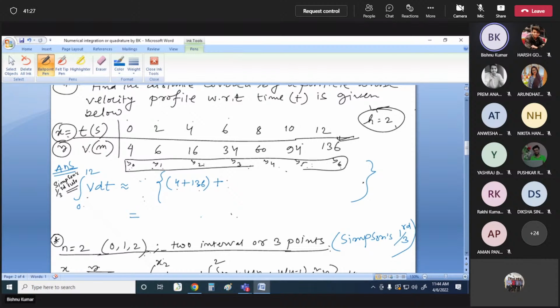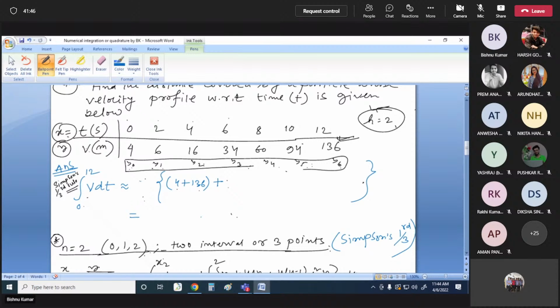Intermediate even ordinates means y2, that is 16, plus y4, that is 60, and y6 is also even, but that is the last value, already considered. That is your output in Simpson 1/3 rule, meaning the distance covered by the particle.